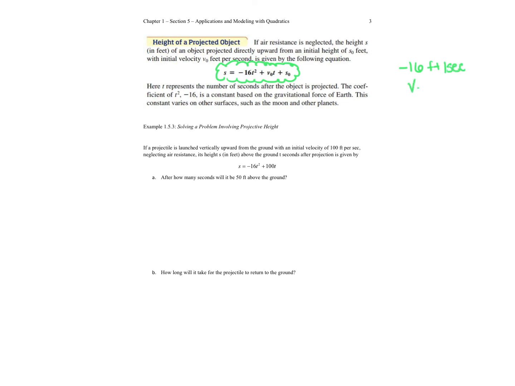And then V naught stands for my initial velocity. T is my time in seconds. And then S naught is my initial height.